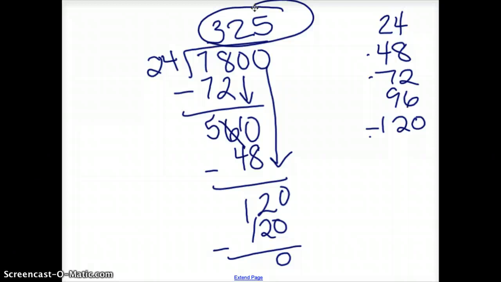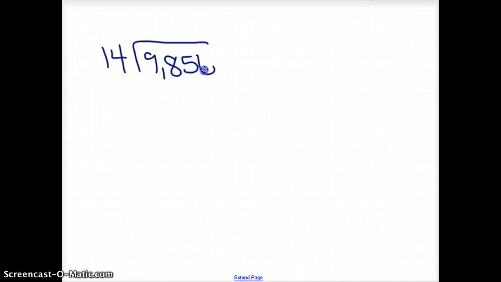Alright, next I want you to do these two problems with me. Alright, we're going to do 14 divided by 9,856. So I need to write all my multiples of 14 first. So I have 14, 28.